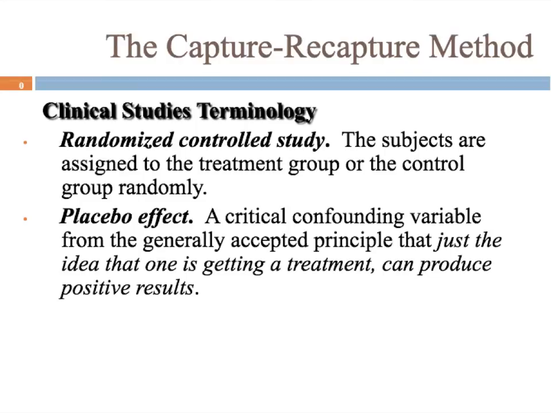In any kind of study, randomization is, of course, very important. So the subjects are assigned to the treatment group or the control group randomly. And as just mentioned in the last slide, the placebo effect, this is very critical. It's a confounding variable from the generally accepted principle that just the idea that one is getting a treatment can produce positive results sometimes.